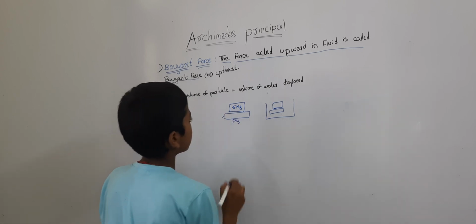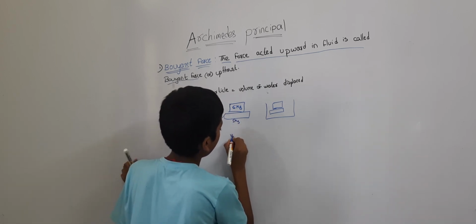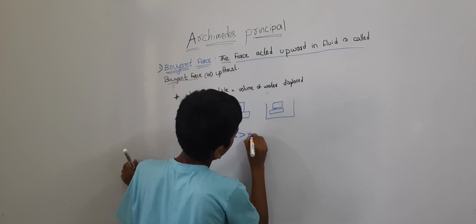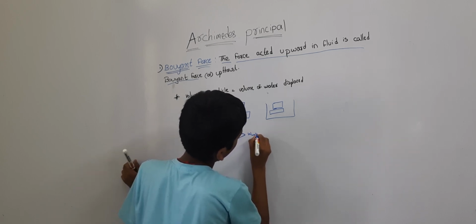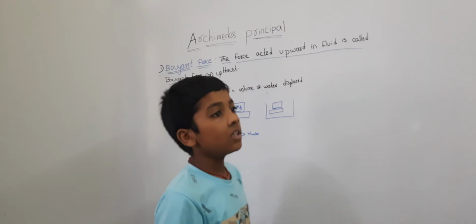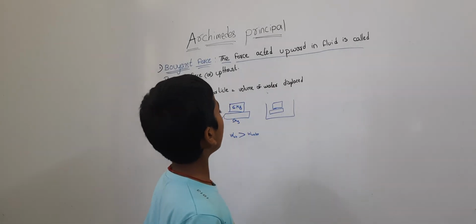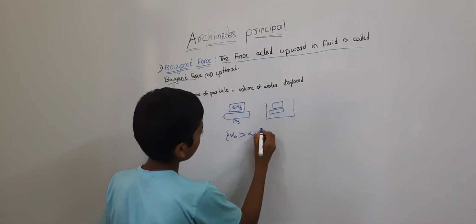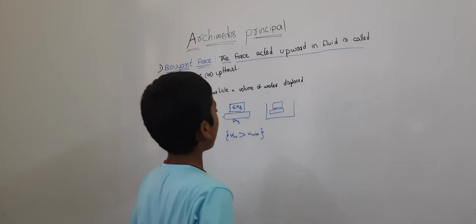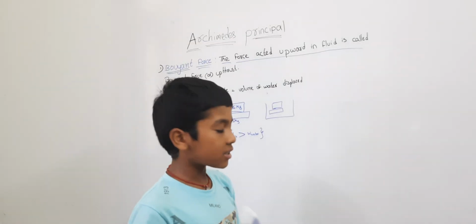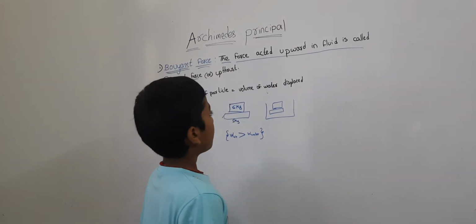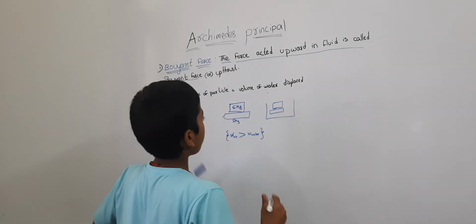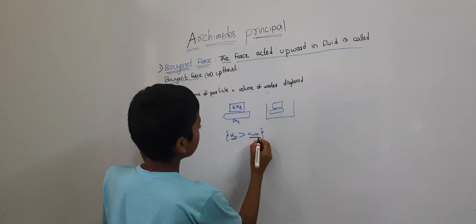That changes. Here the weight in air is always greater than the weight in water. This is due to the upthrust in the fluid. This is the main point. Weight in water or liquid is always less than the weight in air, and this difference is the apparent loss.